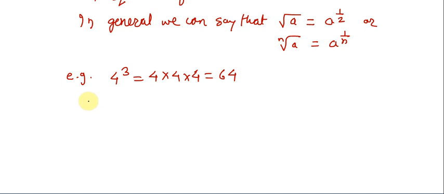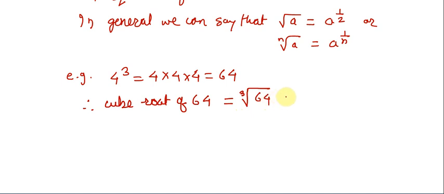Therefore we can say that the cube root of 64 is also written as 64 raised to the power 1 by 3. Note that it is always equal to 4, because 4 is the value of the cube root of 64.